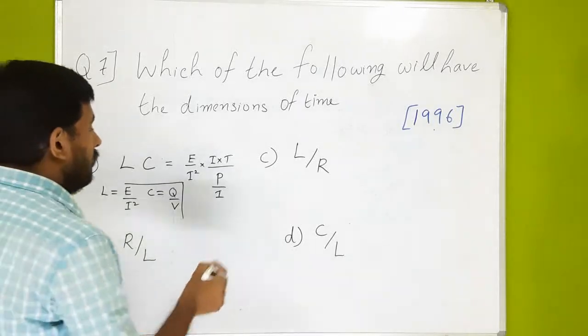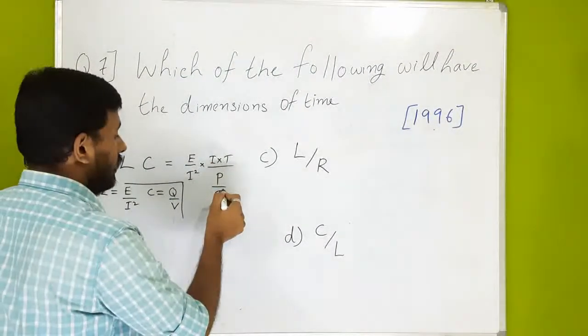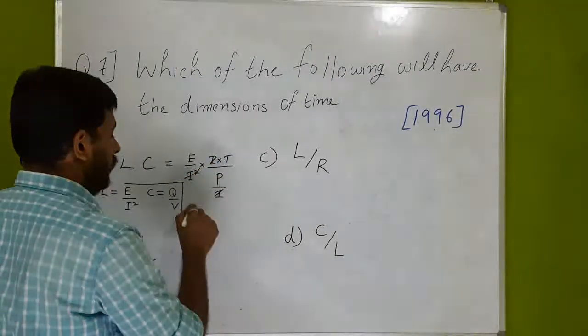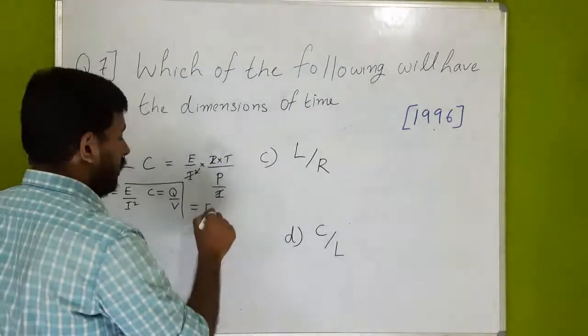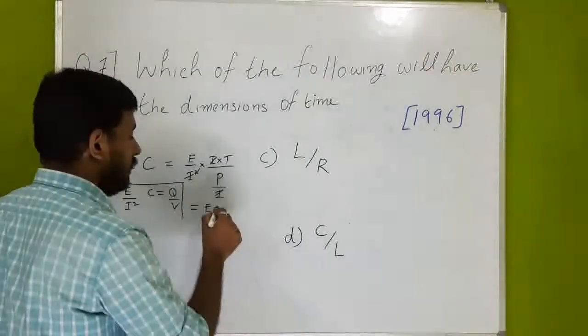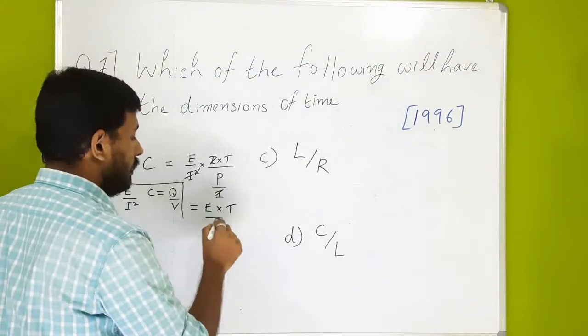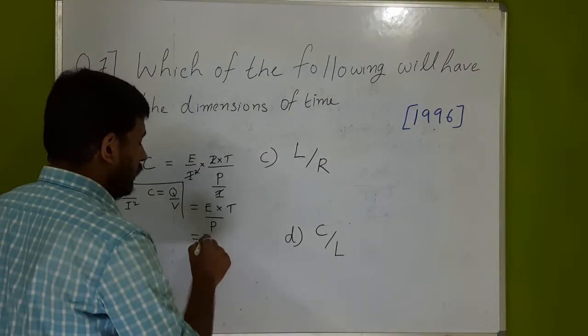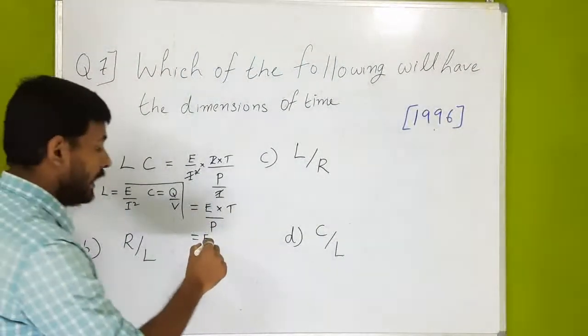Therefore this I square, this I and this I get cancelled, and then we have energy and time, then we have power again here, and this power is energy divided by time.